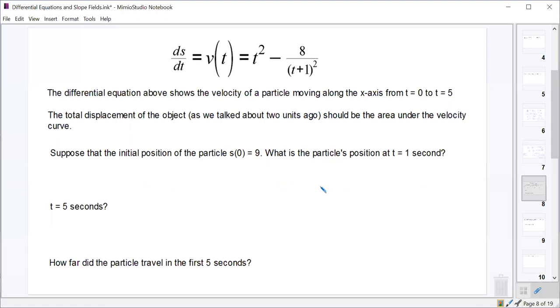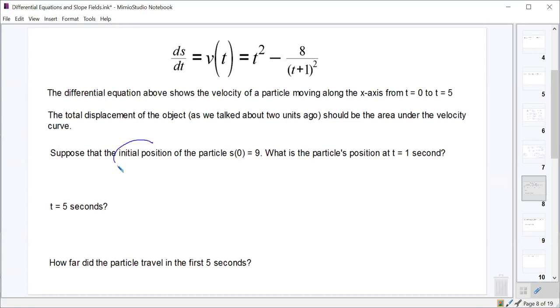So what we want to do is use the idea of a differential equation, or this idea of displacement, to help us figure out where a particle might be at any given time. We want to figure out the particle's position at t = 1 second. From there, we're also going to go to t = 5 and see how far it actually traveled.